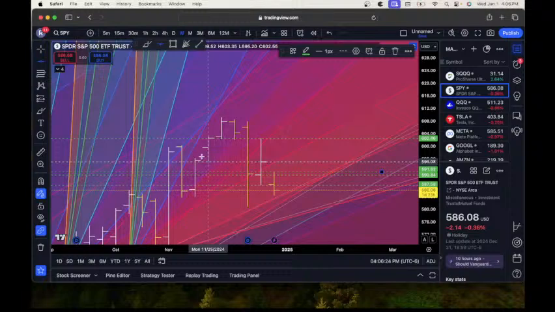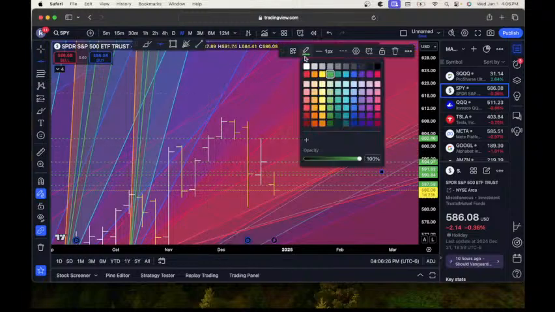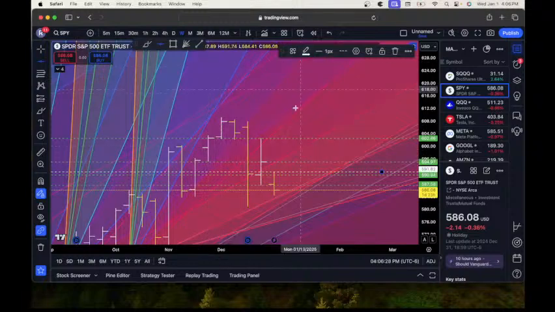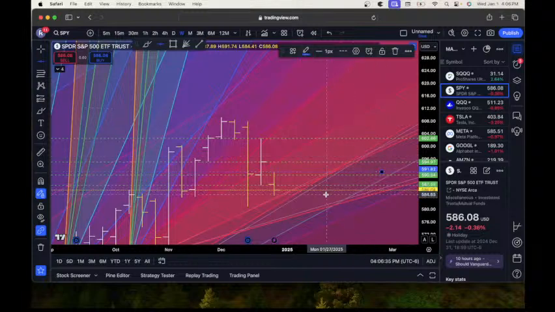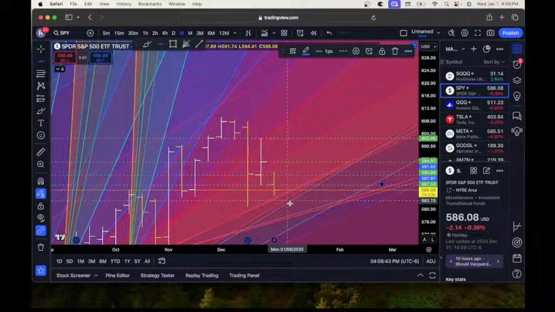And what I'm gonna do is I'm actually gonna change that one to white, just because I know, well, no, I'll change it to, I'll do blue. And then here's the opening price here, and then this is gonna fluctuate back and forth because it's still an open candle until Friday.